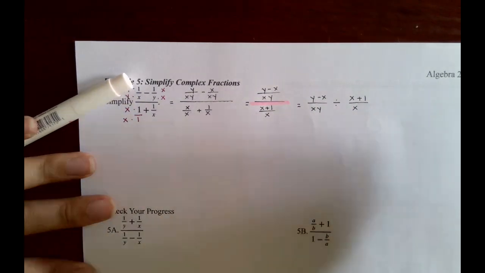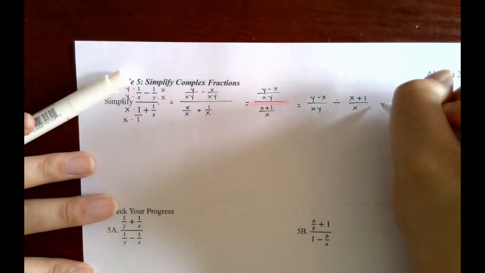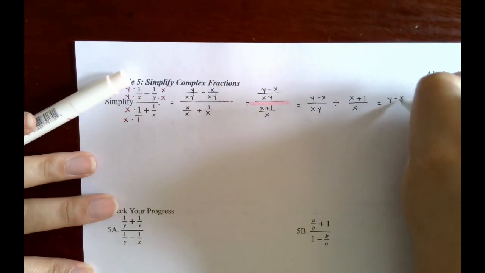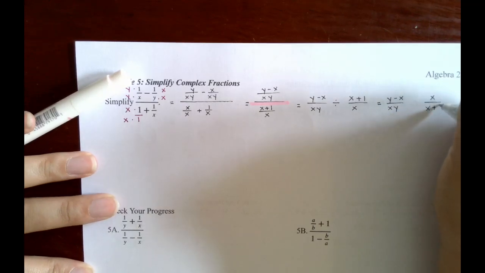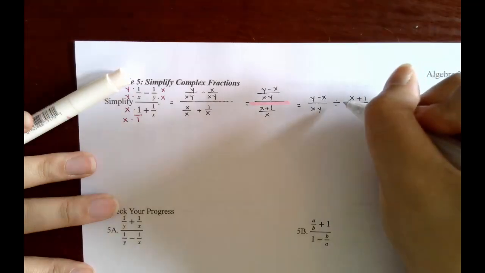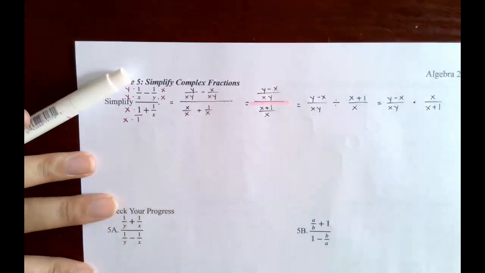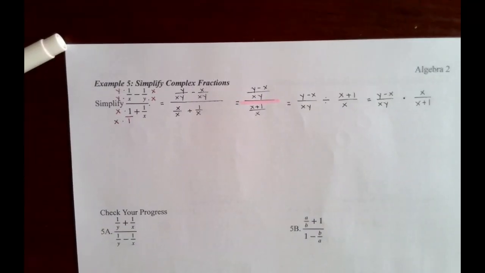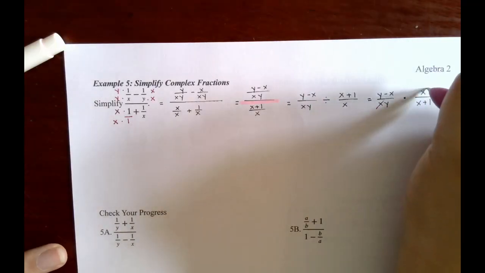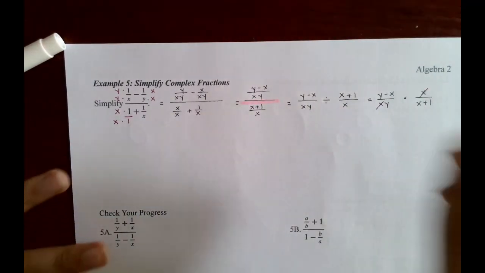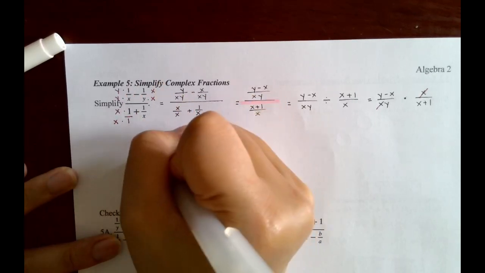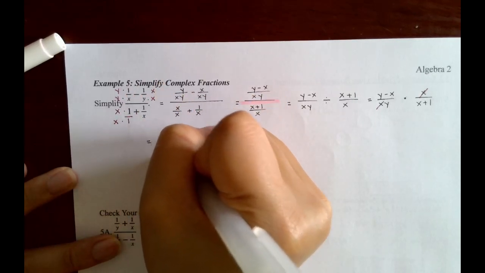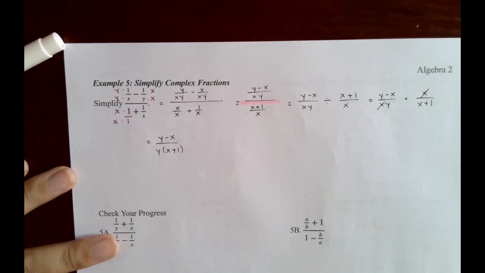We're going to keep, flip, change: keep the first fraction, flip the second one, so x is now on top, x plus 1 is on the bottom, and change the division to multiplication. The x here and the x here cancel, and it leaves me with y minus x on top and y times x plus 1 on the bottom.